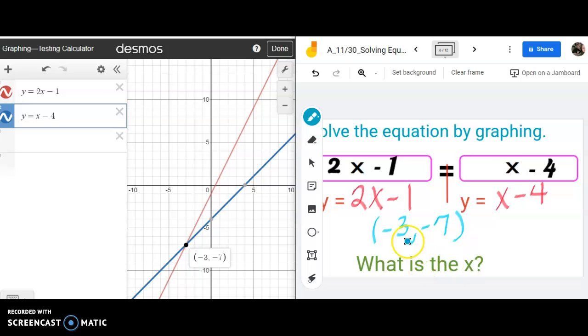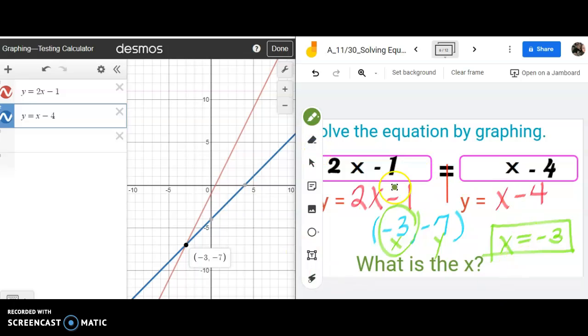Okay, and then notice here in the green, I asked, what is the x? So I want to know which of these numbers is the x value, because that is what my answer is. Remember, if we label x, y, your x is the first number always. So x is equal to -3. And we already knew it was -3 because we solved it using a model. We solved it by hand.